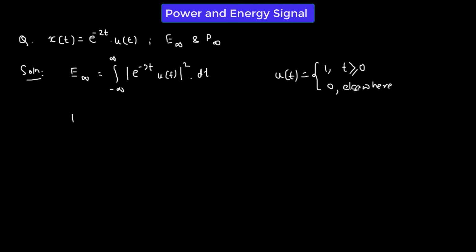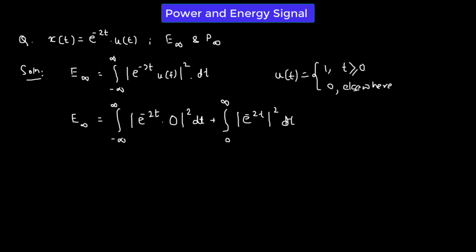So that would mean we can break down this integration into two parts. From negative infinity to 0, we have the absolute value of e raised to the power of negative 2t times u of t, which is 0, squared dt, plus the integration from 0 to infinity of e raised to the power of negative 2t times 1 squared dt.